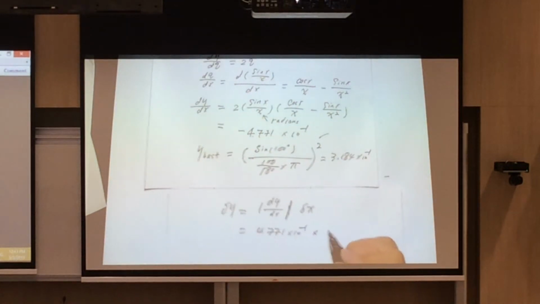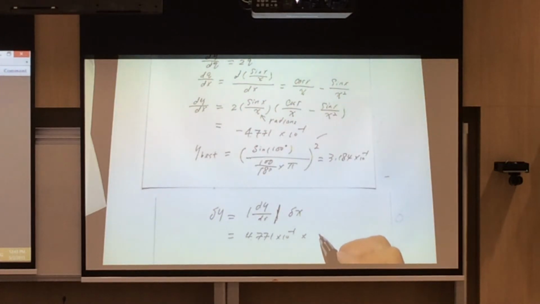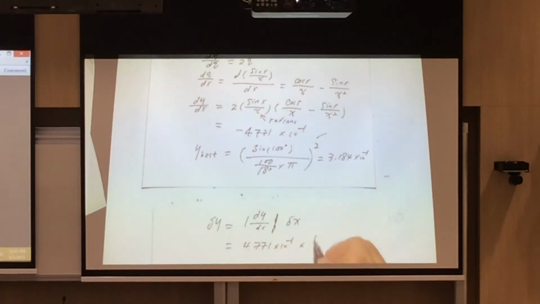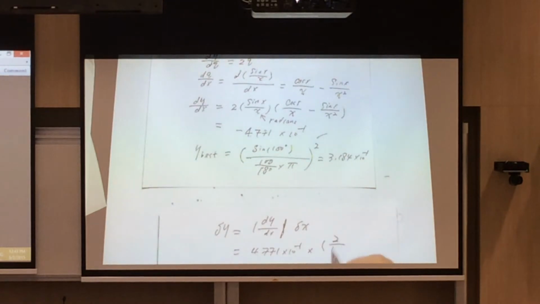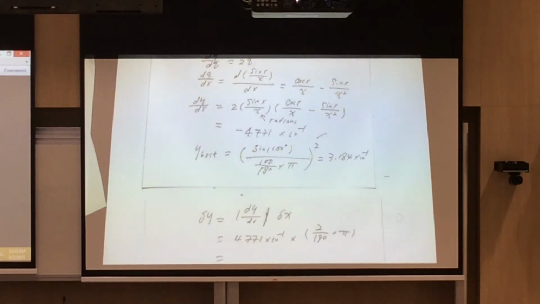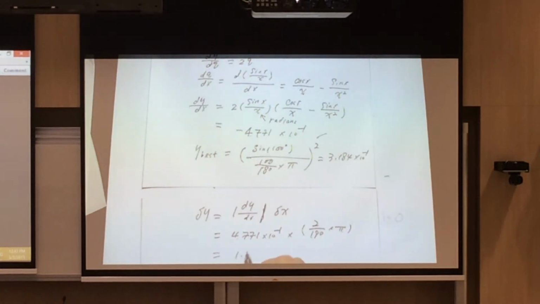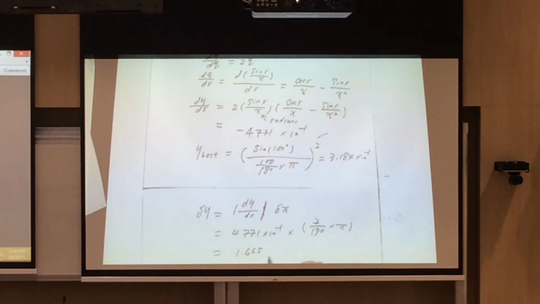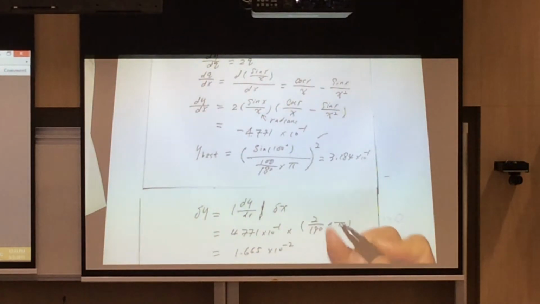Delta x here is 2 degrees. Again, you need to convert to radians, so it will be 2 over 180 times pi. So the delta y you can get is 1.665 times 10 to the power minus 2.